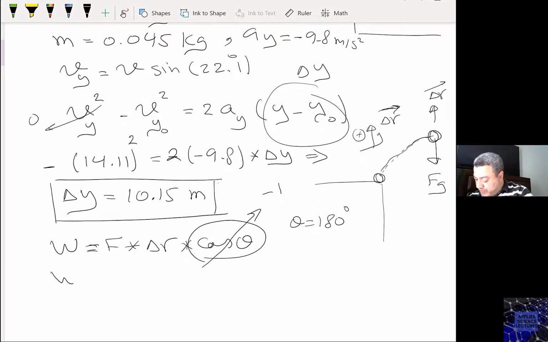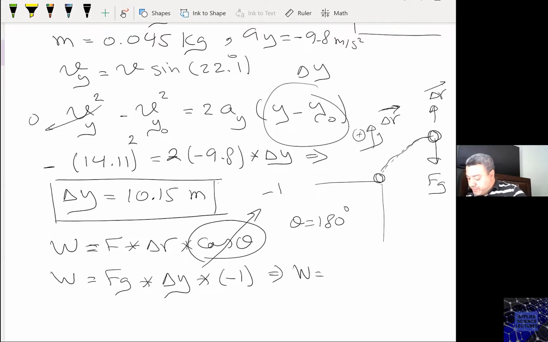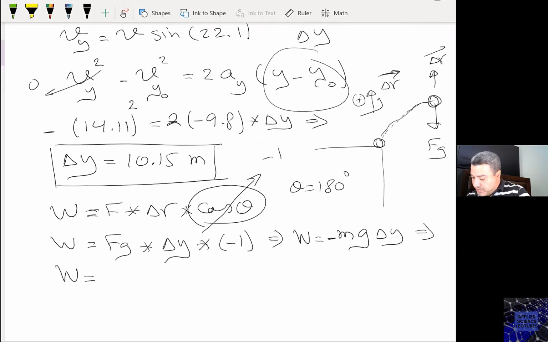Then if I continue, the work is Fg, my delta r here is delta y times -1, and the W becomes minus mg delta y, and the work is minus 4.572.